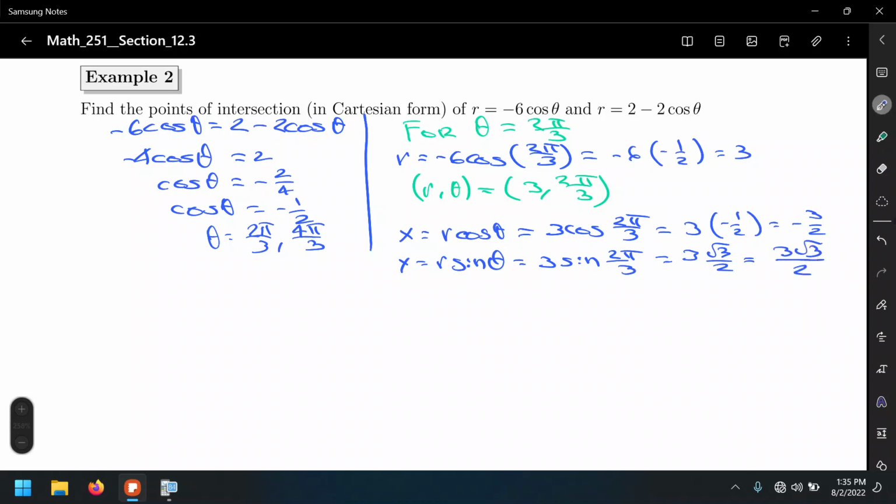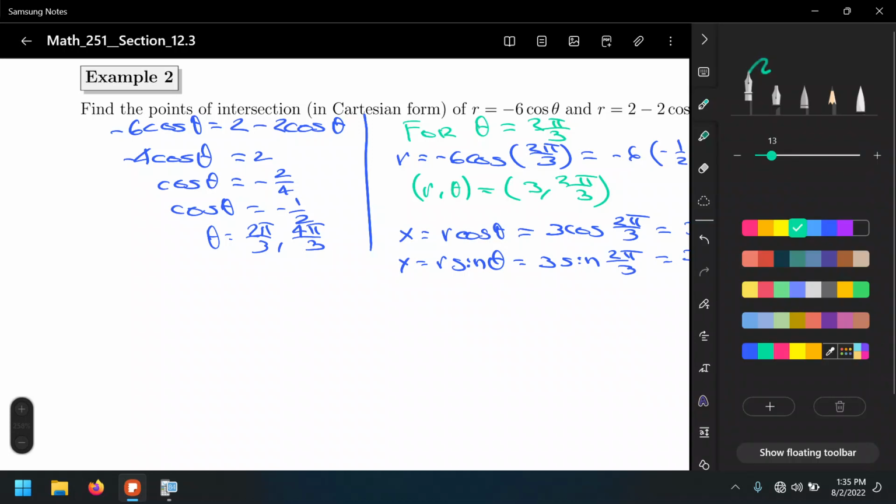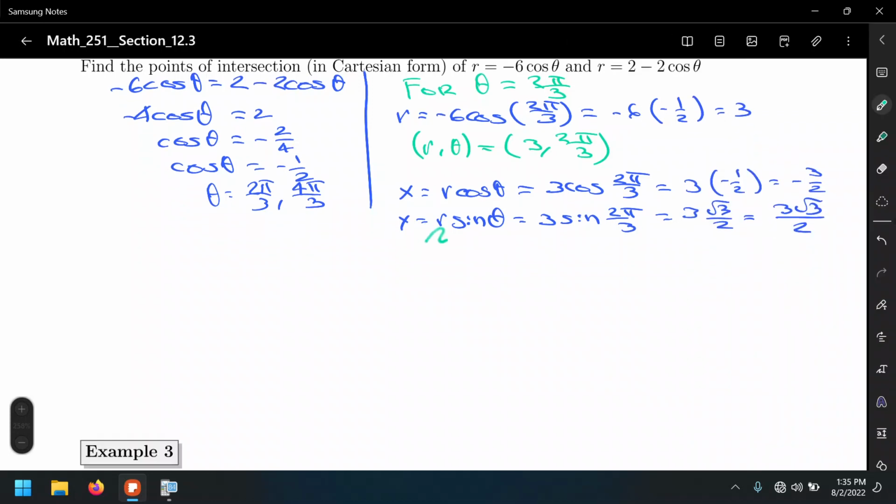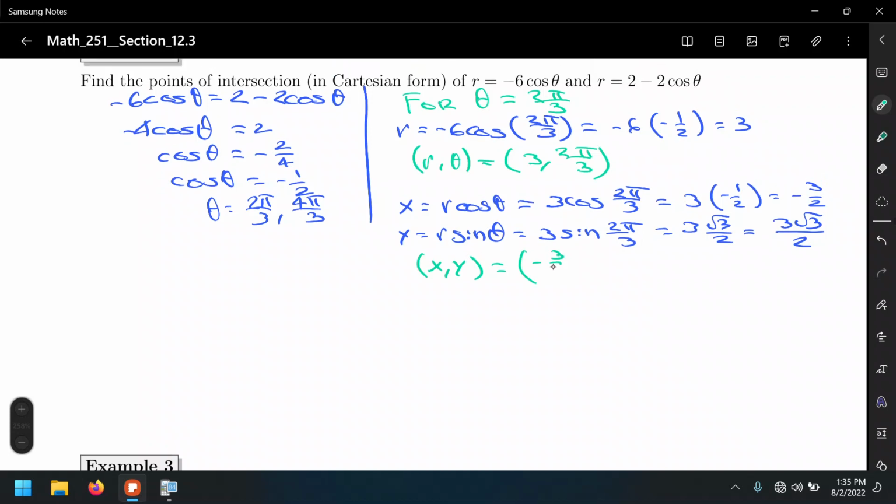So now we have the corresponding (x, y) of -3/2, 3 root of 3 over 2. All right? I'm using different colors to show the different representations in polar and in Cartesian.